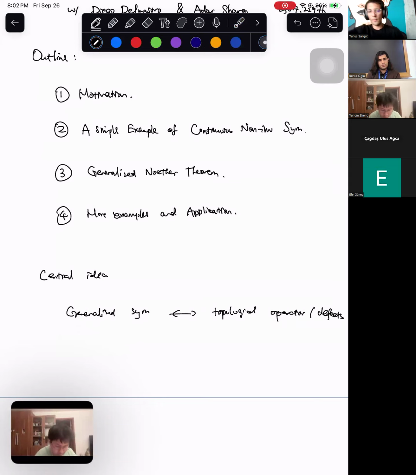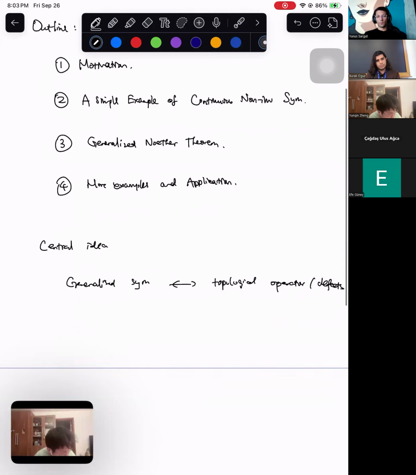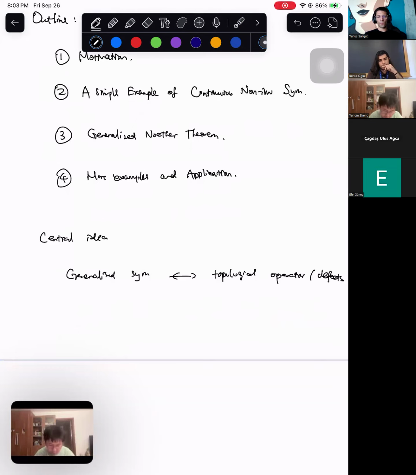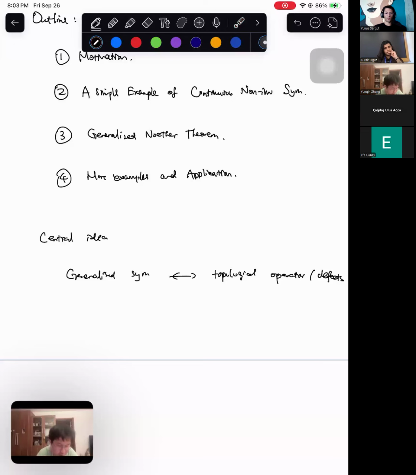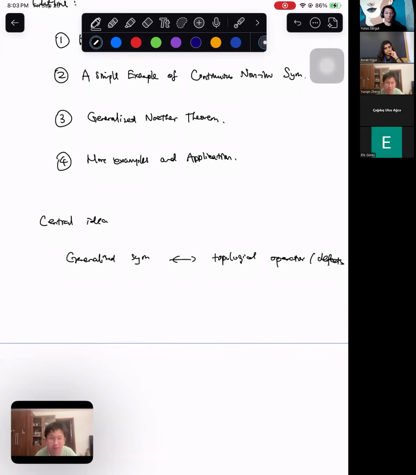So I'm going to use these terminologies interchangeably. So this idea has been very successful in maybe the past decade, especially in the case when we consider the finite symmetries, namely there are a finite number of symmetry elements or symmetry objects. So it's very successful for finite symmetries.